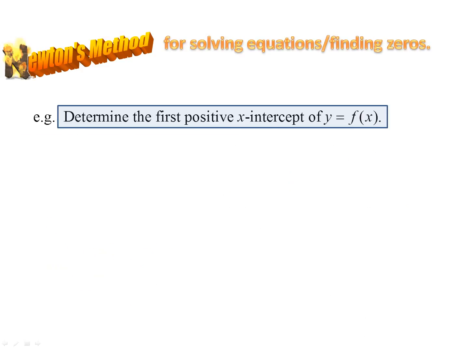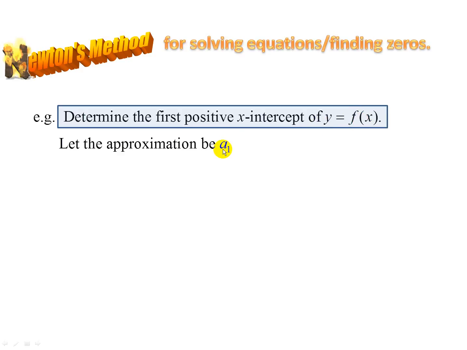Let's look at it theoretically. Right. Let's have a look. y equals f(x). Let our approximation be a1. Now remember what we did? We found the equation of the tangent at that point. To find the equation we need the gradient. So we substitute into the derivative. We need the x value. Well, that's the x value.